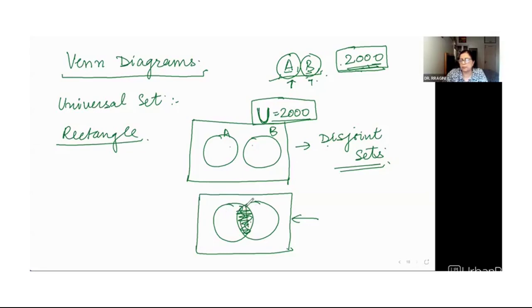That means these are the families who read newspaper A as well as newspaper B. Right? So we are going to do it in detail. Right now, just focus on this, that the universal set is the set of elements which we are concerned with at this particular moment.